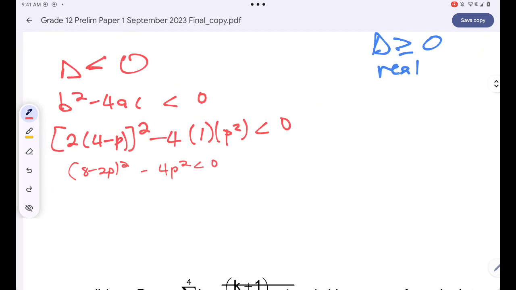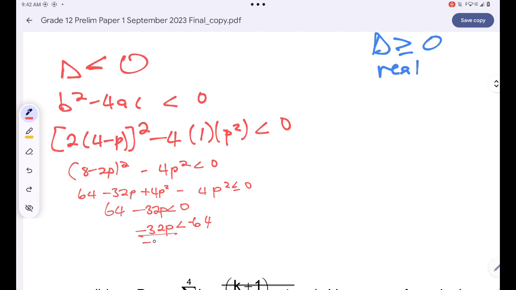And then I can simply remove the bracket. 8 squared is 64, and then this is negative 32p plus 4p squared, minus the 4p squared on the other side, that's less than 0. These two will just subtract one another. I'll end up having 64 minus 32p is less than 0, and hence negative 32p is less than negative 64.